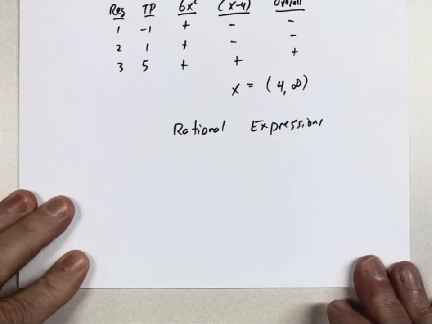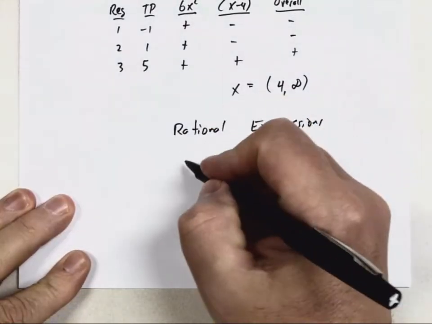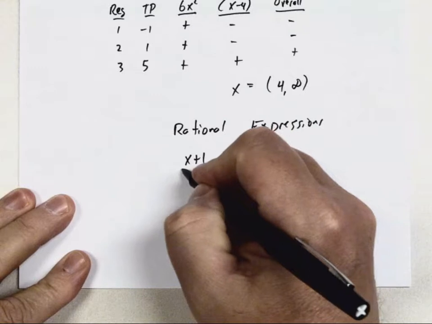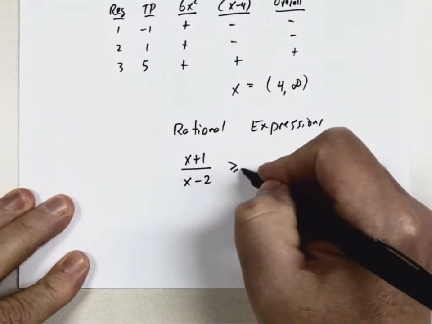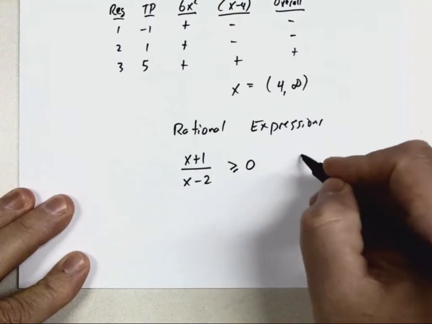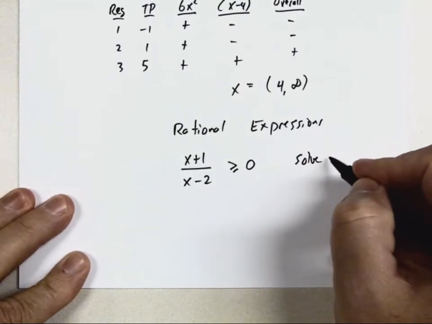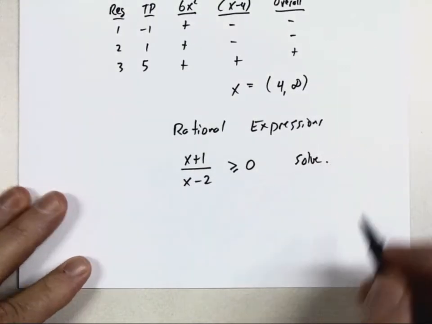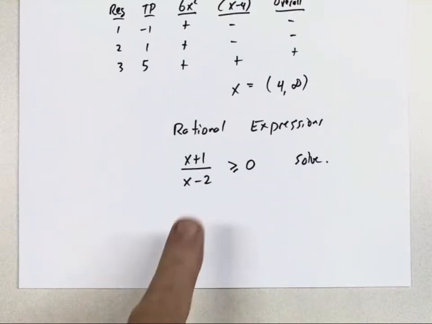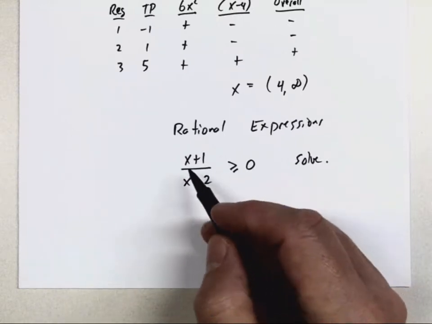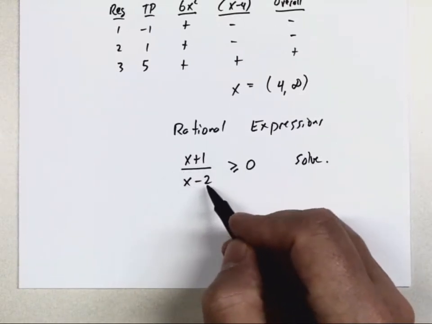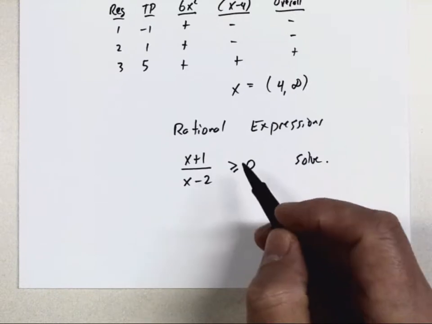So for instance, I want to solve this linear inequality. I want to know the values of x that are going to make this true. (x plus 1) over (x minus 2).